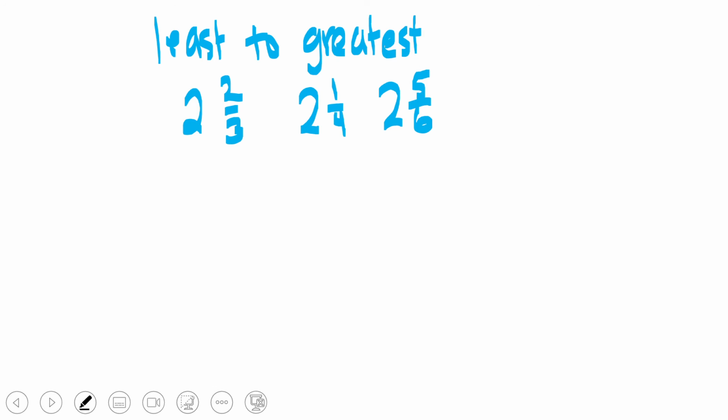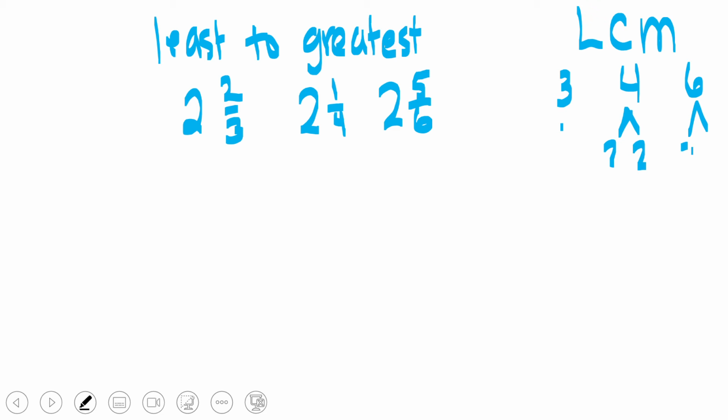So again, we're thinking least common multiple of 3, 4, and 6. So 3 is done, 4 is 2 times 2, and 6 is 2 times 3. Use one of each factor in its highest power.